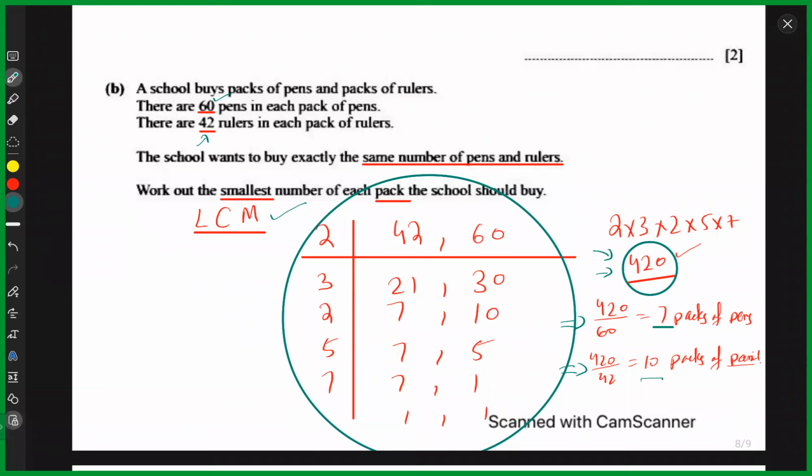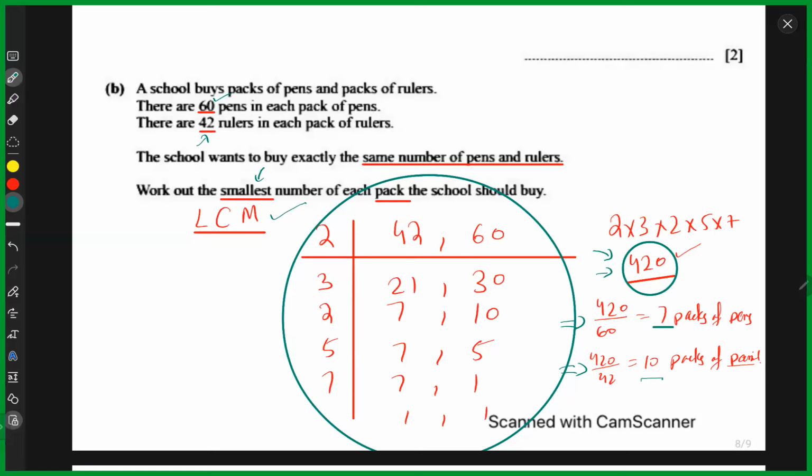In word problems, how do you understand if you want to use LCM or HCF? Exactly, that's a good question. So basically, for LCM, either the word would be least, lowest, or smallest, right?